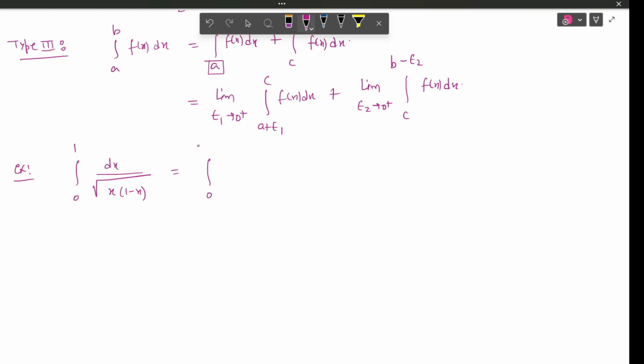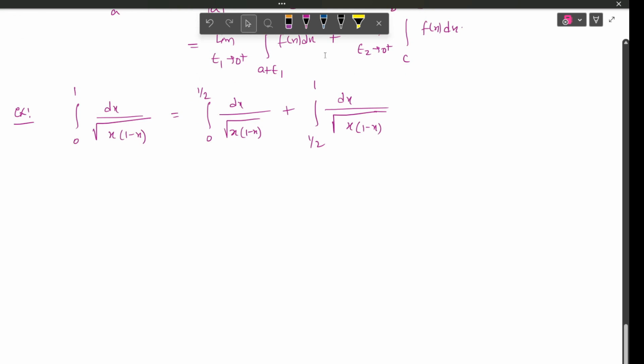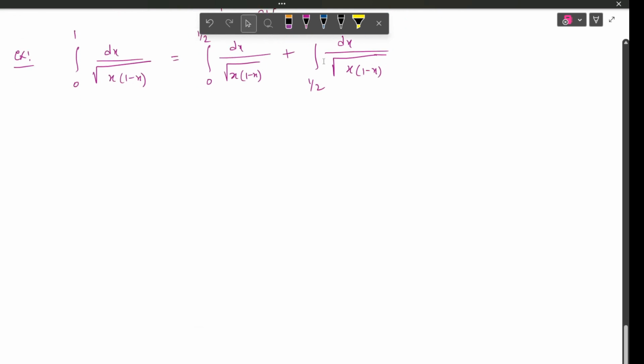So it will be integration 0 to half dx by square root of x into 1 minus x, plus integration half to 1 dx by square root of x into 1 minus x. Now apply type 1 and type 2 here.